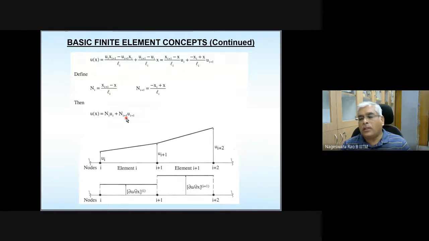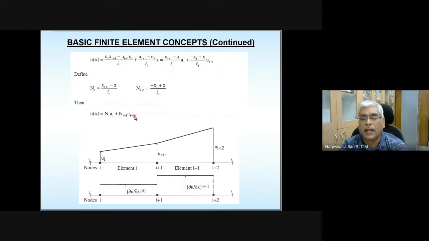So if 1 and x are the basis functions, similarly Ni and Ni plus 1 are going to be basis functions. Please make a note of it. Whatever explanation I am giving you, please make a note of it. That helps you to understand in the long run.